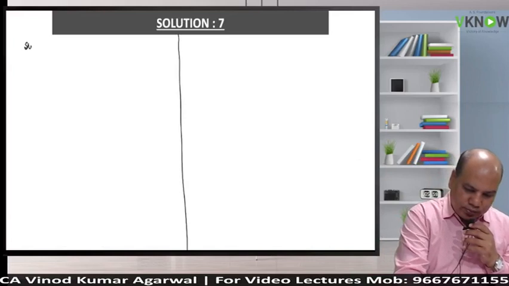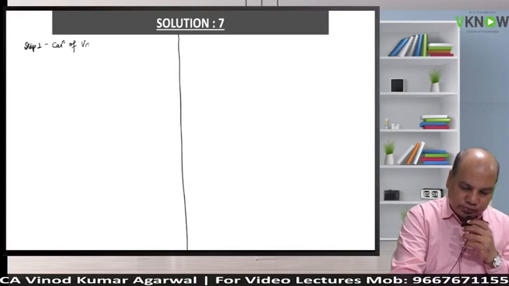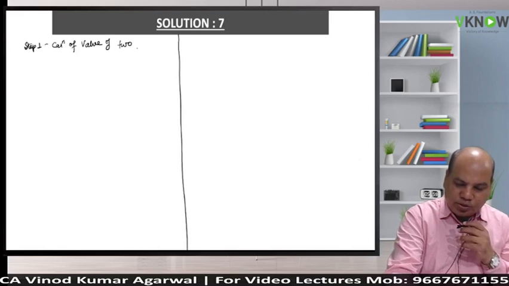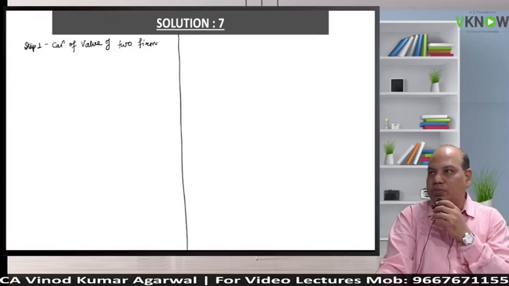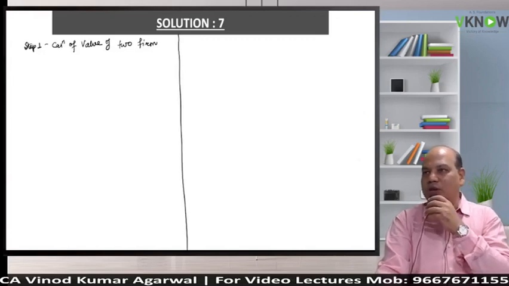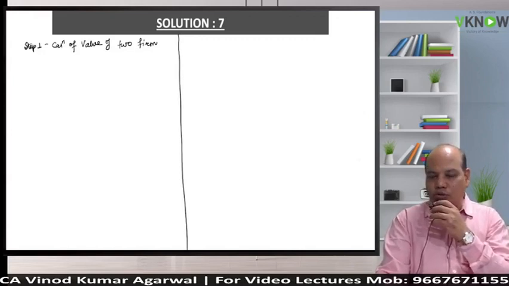Step 1, calculation of... this is another typical exam question where you have to apply the arbitrage principle and show how you will shift from the overvalued company to the undervalued company and how much additional profit you are going to earn.